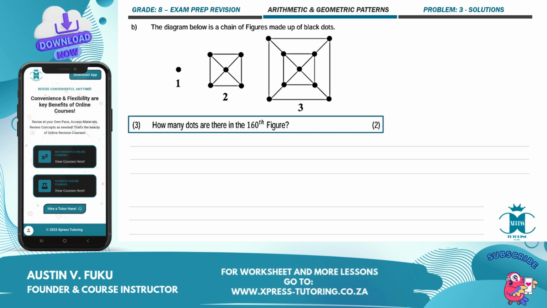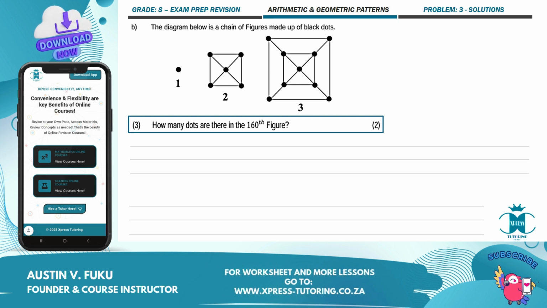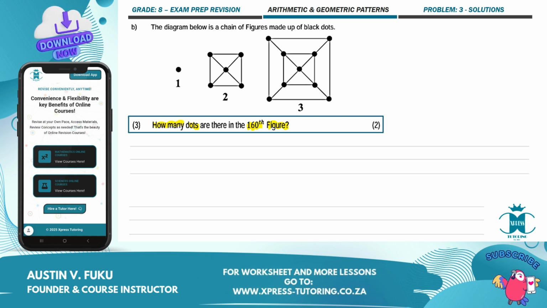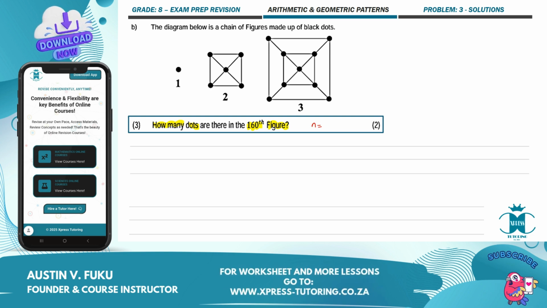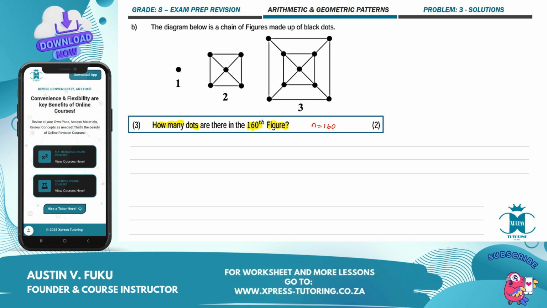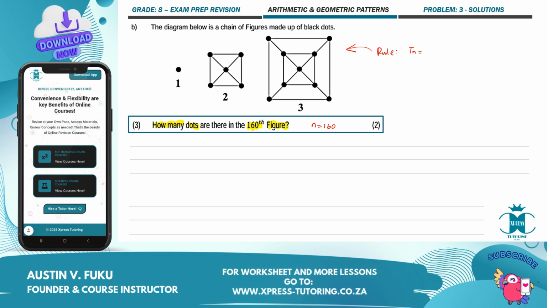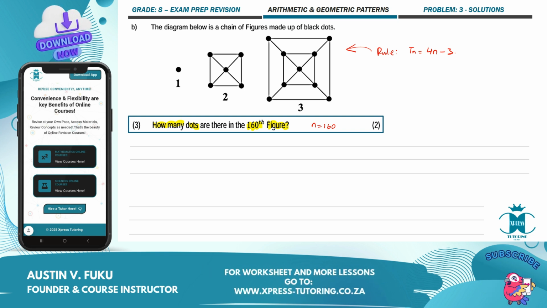Then question B3, how many dots are there in the 160th figure? So 160th figure, so this tells us that n is equal to 160. And remember that the rule for the pattern of these figures here was Tn is equal to 4n minus 3. So we are going to use our rule there.